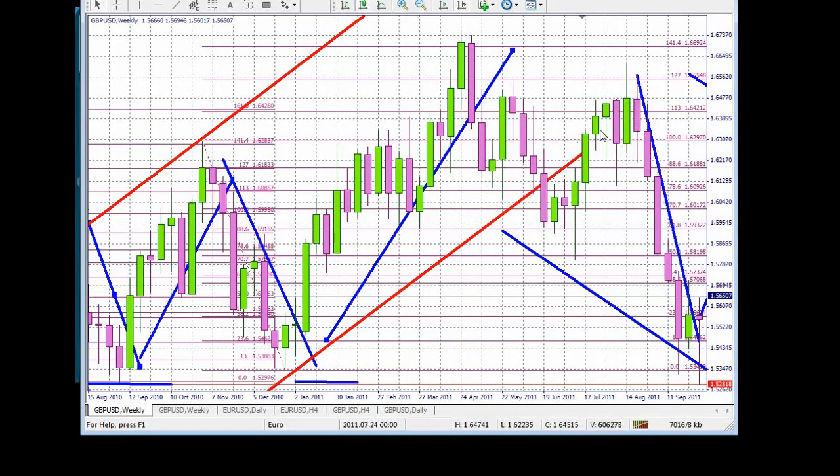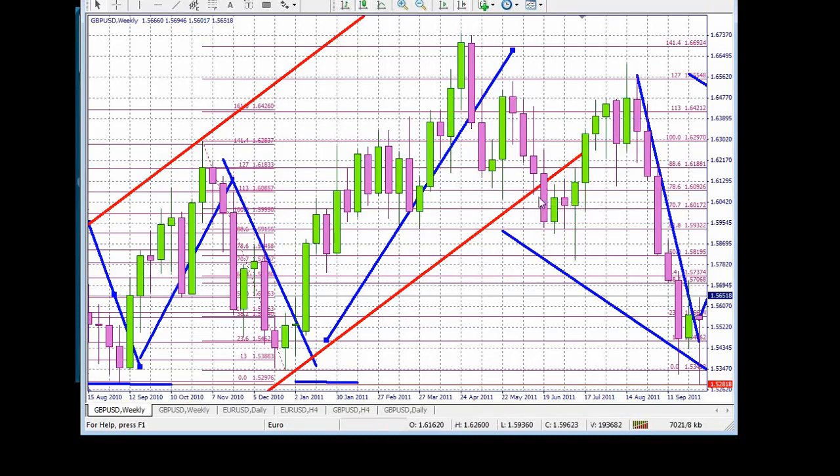We have this pullback that was unusual. It happens from time to time to have consolidation, but also a good indication is if the currency goes back to test the channel line and retrace.